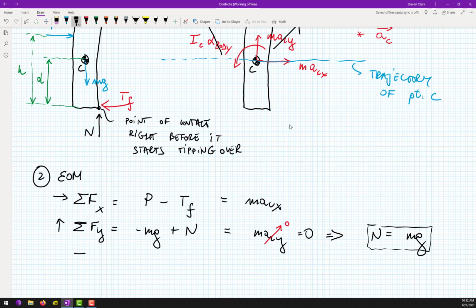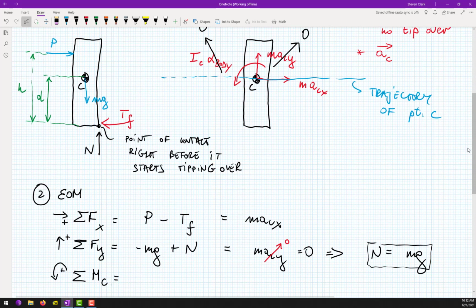And this is a new equation. We have never seen it in the discussions. You've seen it in lectures. So moment about point C. How many forces rotate about C? I think 3 forces, yeah? P, TF, and N. Okay, so P rotates in a positive or negative fashion?